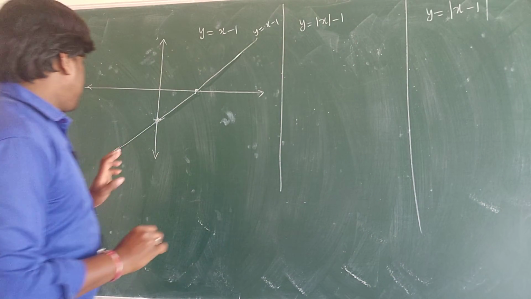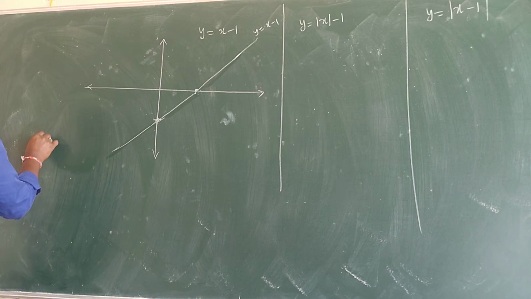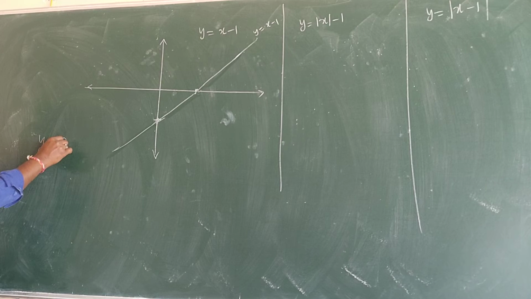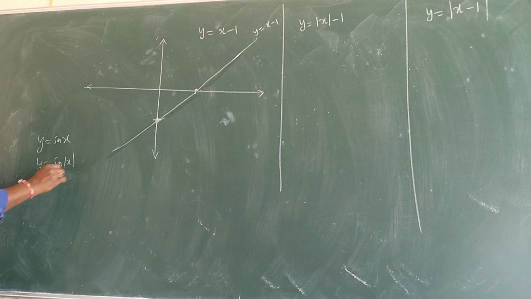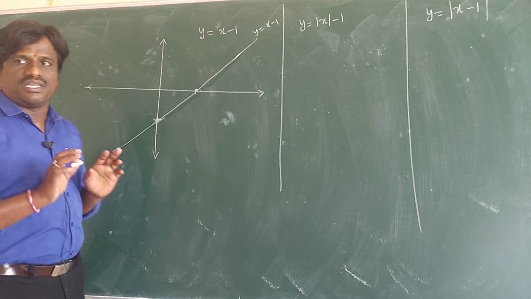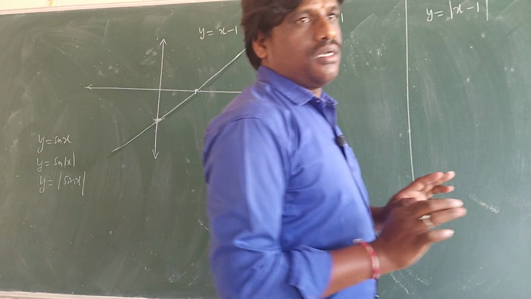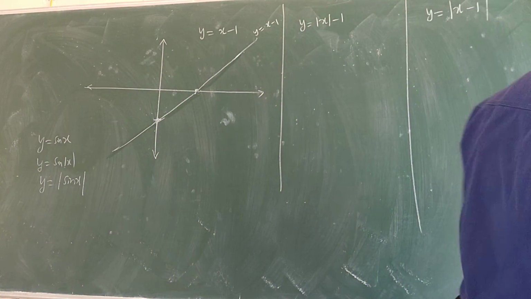Now I explained the y is equal to sin x graph, then the y is equal to sin mod x graph. Now I am going to explain the y is equal to mod sin x graph. Not only this function, any function you can do like this. So this basic idea you should know.